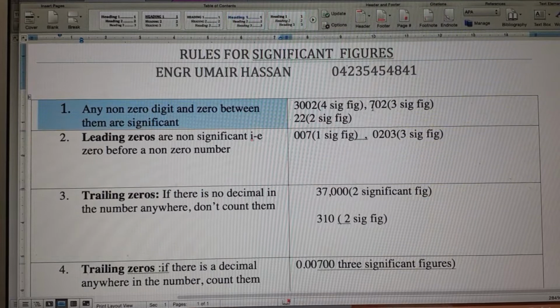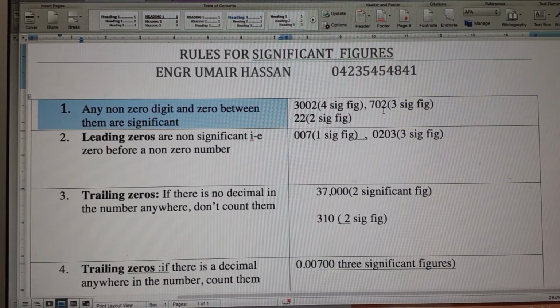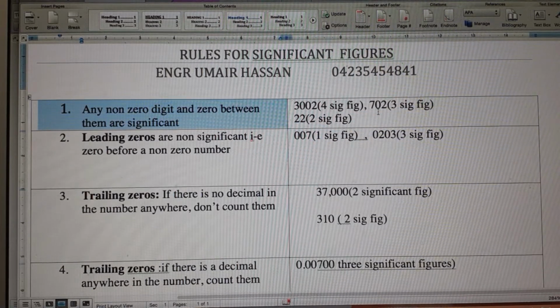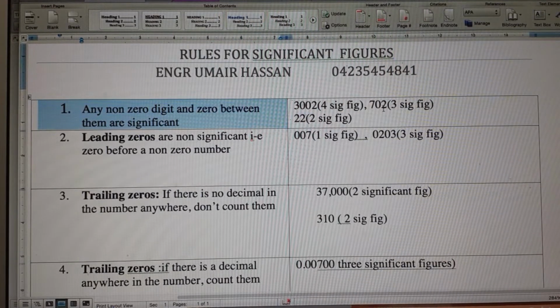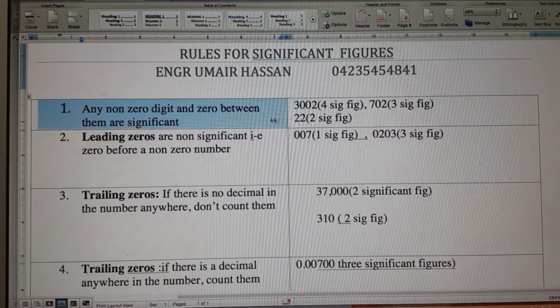Considering 702, again we have 7 and 2 as non-zero numbers, and a zero present between them. So this zero will also be significant, and we have three significant figures. Now coming to 22, as both digits are non-zero, we have two significant figures. This was rule number one.